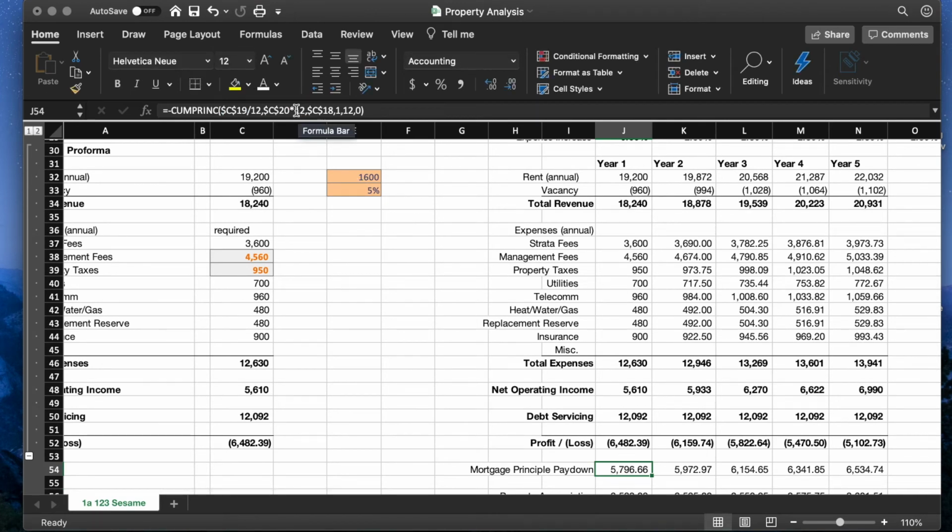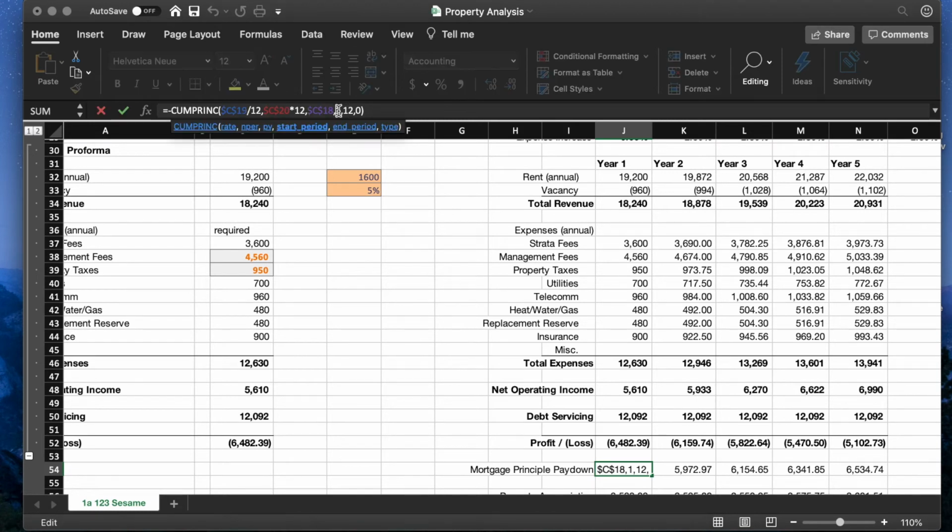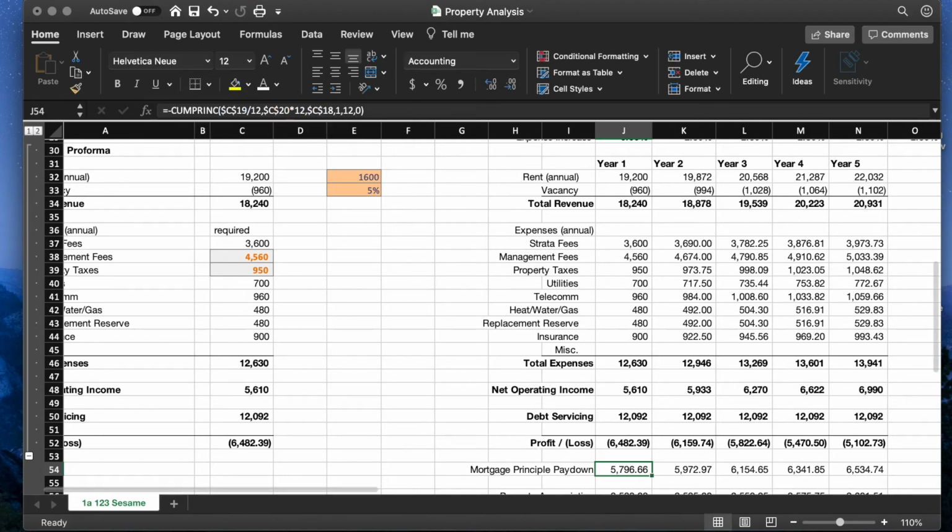So you can see here in the periods, start period is period 1, end period is period 12, and that would correspond to the months. So from month 1 to month 12 of this mortgage, this is how much I paid down.